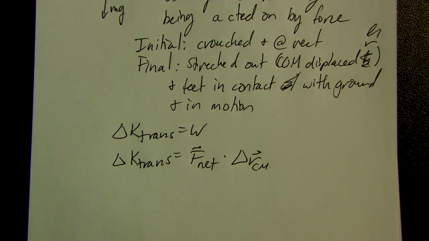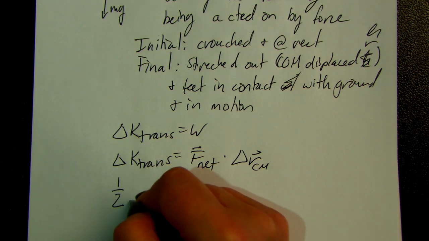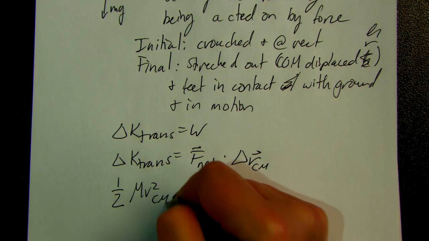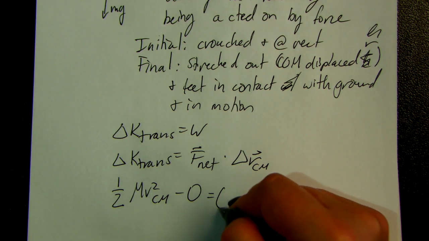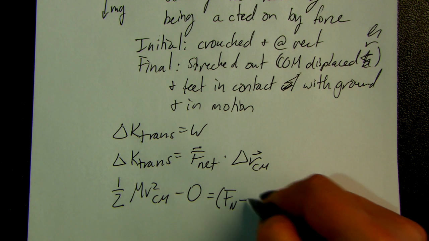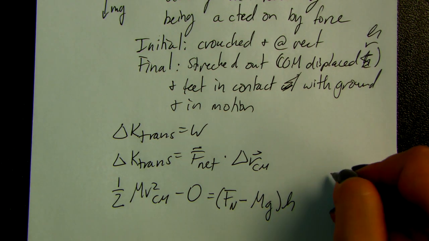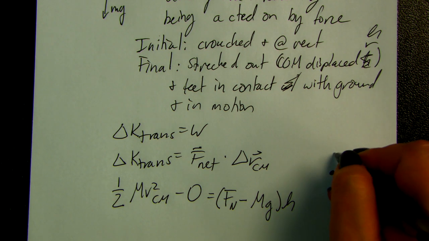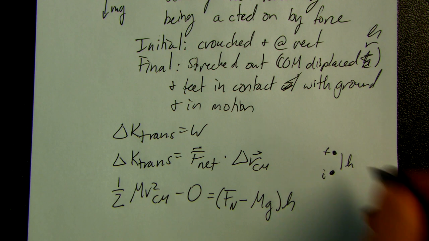So we have 1/2 m v_cm squared minus 0, because it started at rest, is equal to (Fn minus mg) times h. That's the distance that the center of mass has moved. So you start here, you end here, initial, final, h.